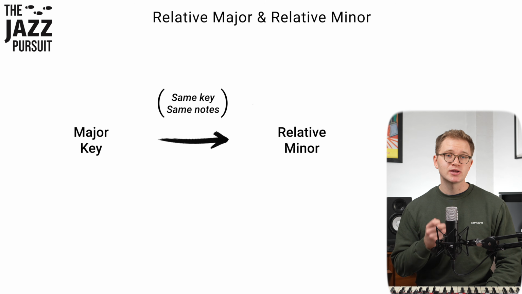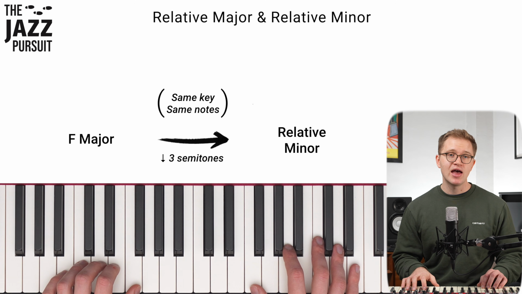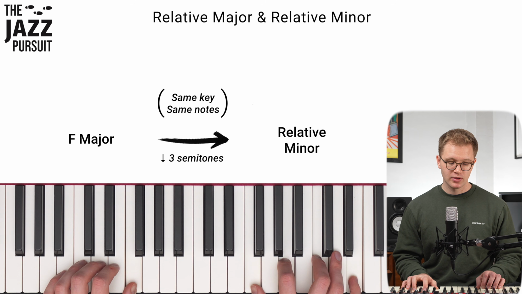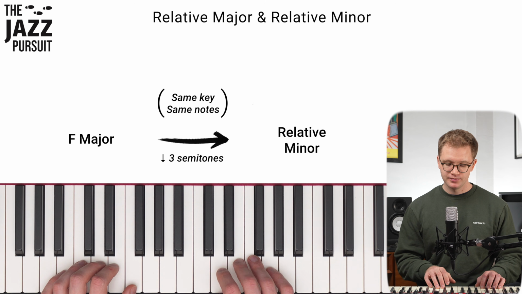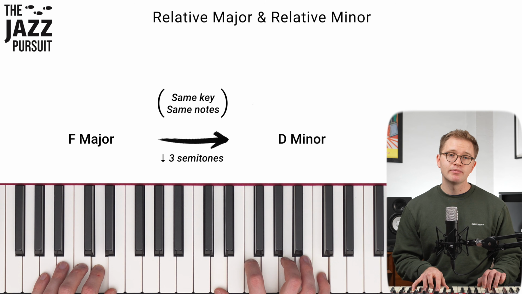To work out the relative minor, all we have to do is go down 3 semitones from the major. So, if we're in the key of F major, then the relative minor is down 3 semitones, D minor. So D minor has the same key signature and is made up of exactly the same notes as F major.